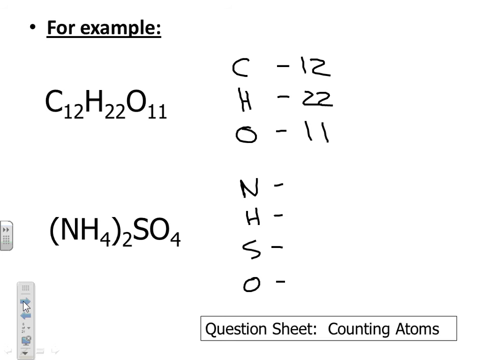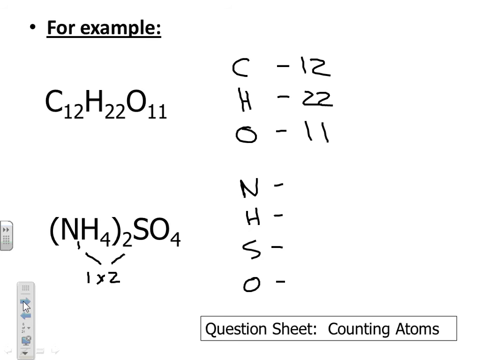Yep. There's 2. If we don't see a number in a formula, what does that tell us the number is, even though we don't see it? Yep. It's 1. So in this case, you're imagining a 1 in that position. And therefore, for the number of nitrogens, it's the 2 times 1, or 1 times 2.